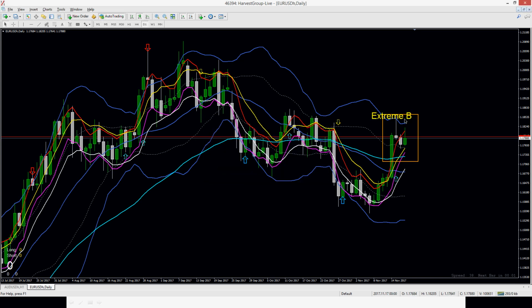It's quite important that you know how to identify the potential signals. Extreme B indicates that every time the candle rejects or breaks a sideways Bollinger Band, there will be a reversal towards mid BB. So in this sense, it tells me that the price from here will go to mid BB at least.